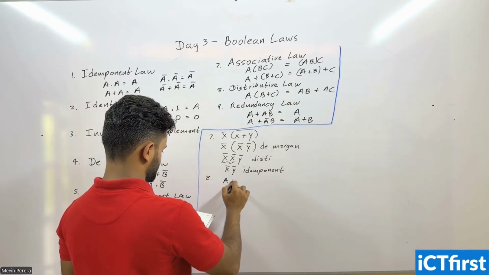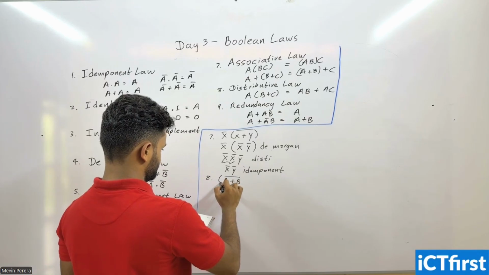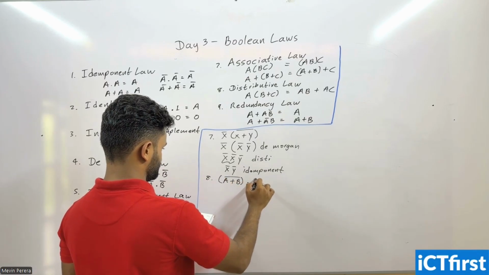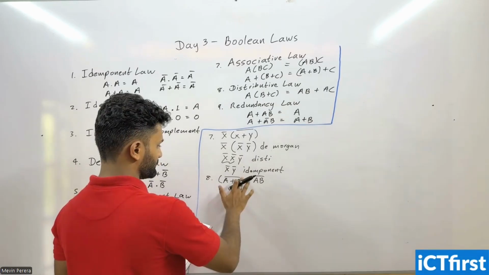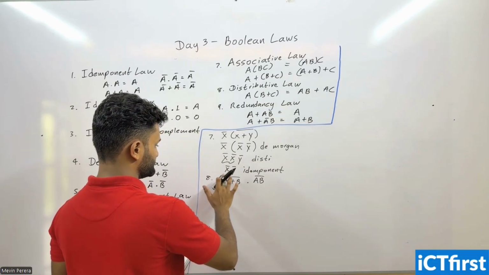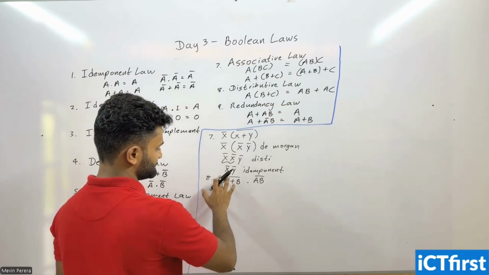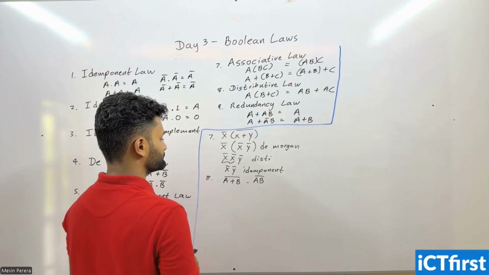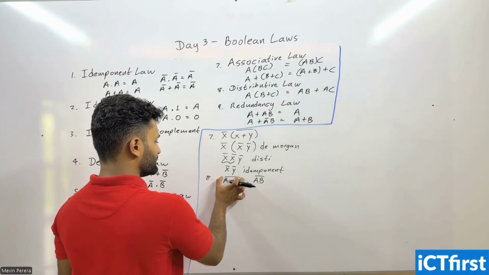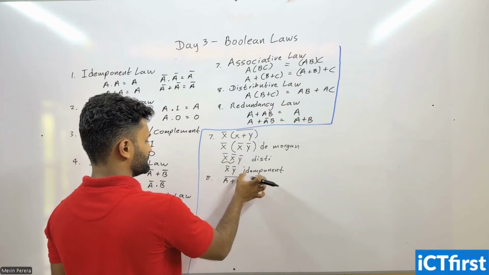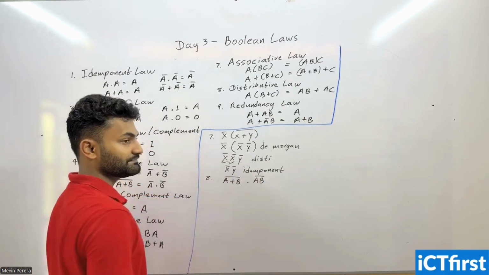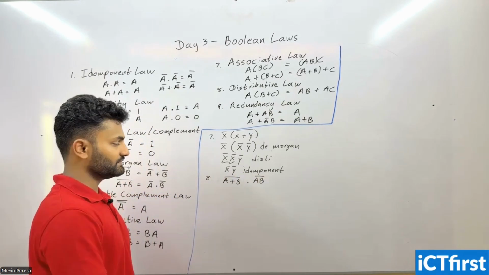Even though there are no brackets, let's just say there are brackets. Since these are two separate bars, you should consider them as two separate individuals.